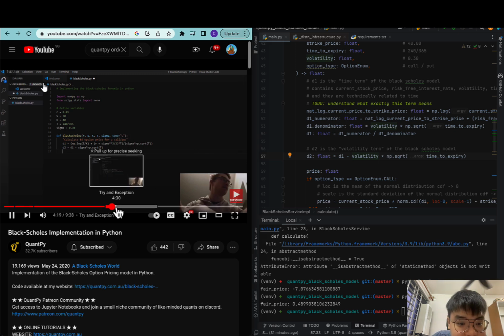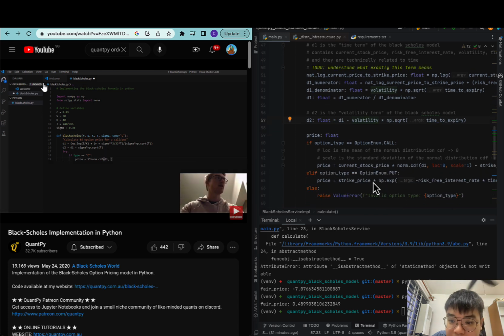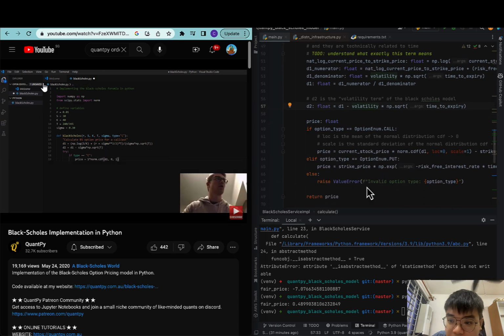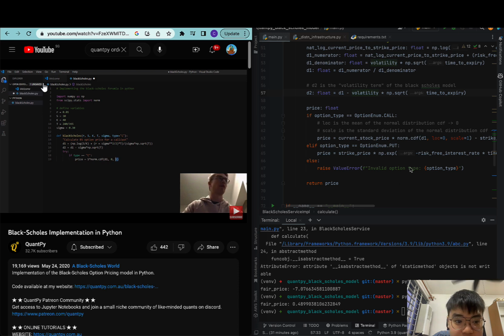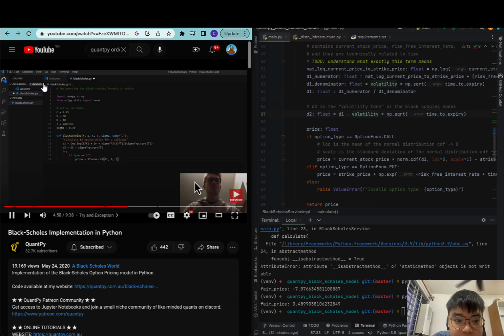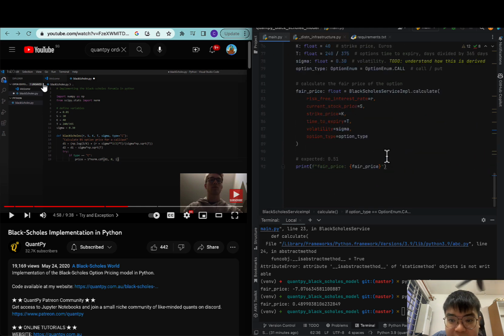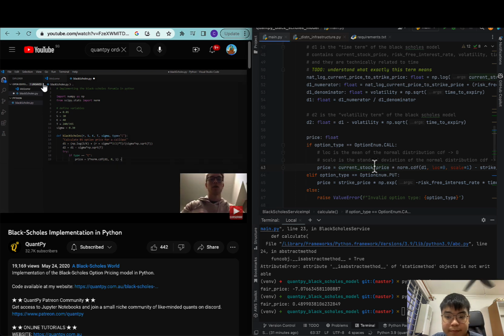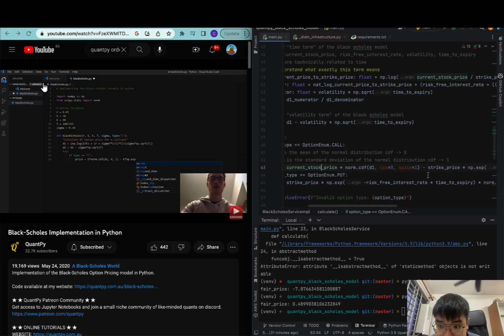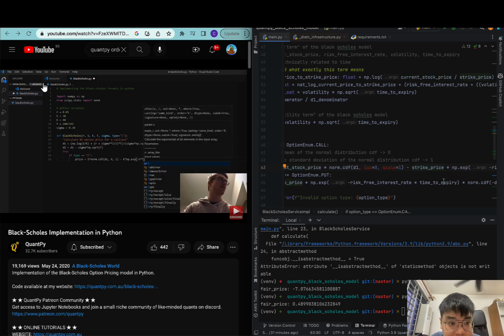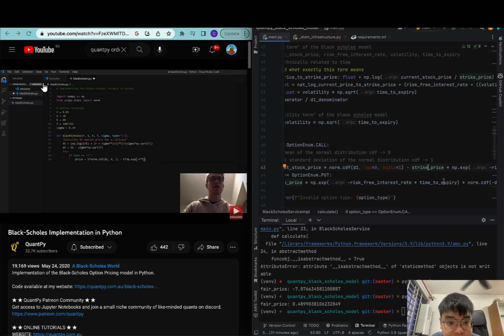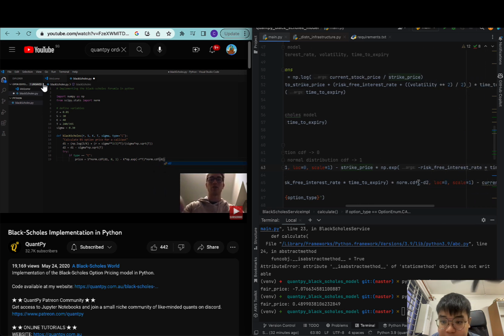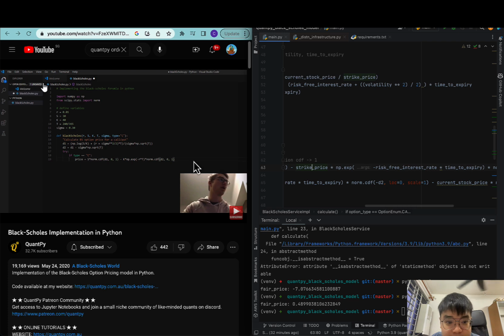Do a try and exception. It's going to be centered around 0. And because it's the standard normal distribution, we have a standard deviation of 1. So S is the current stock price. Okay, nice. So minus the discounted strike price, so np.exp of minus R times T. So that's the discounted strike price times norm.cdf of D2, centered around 0 and 1.